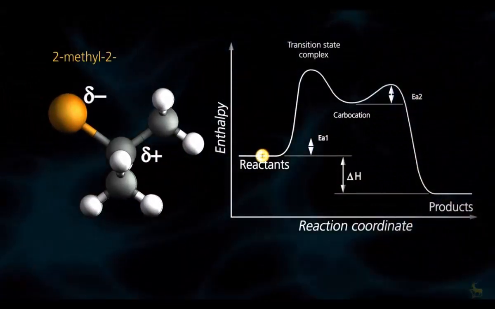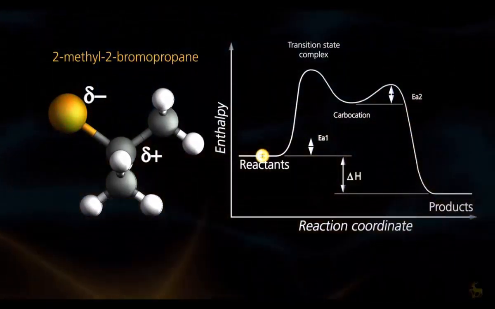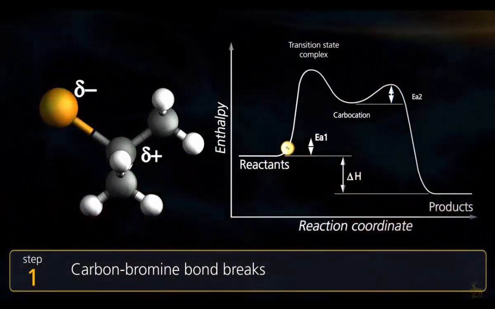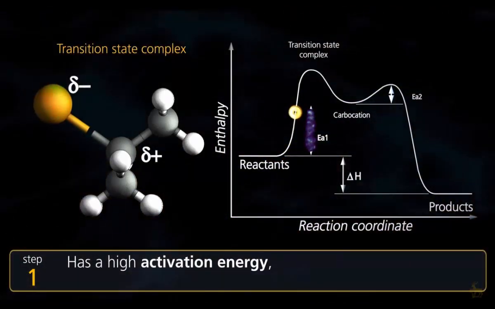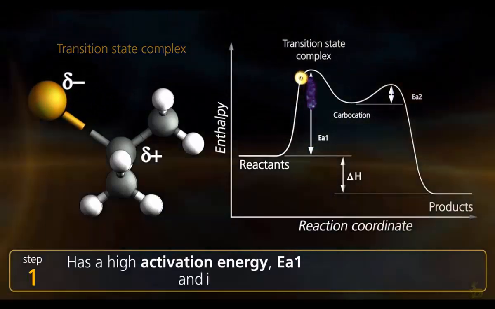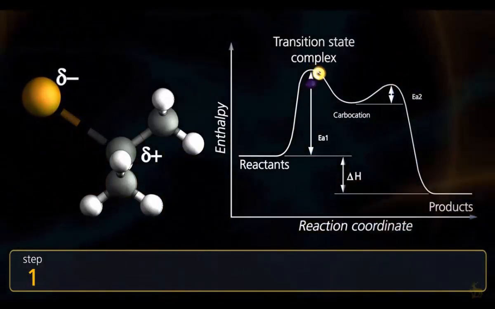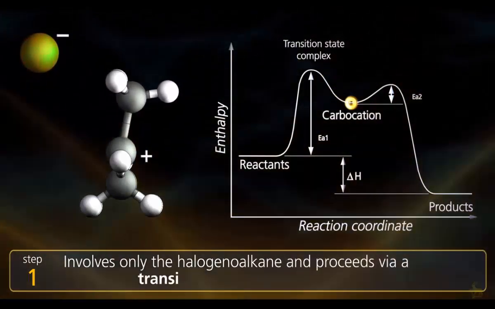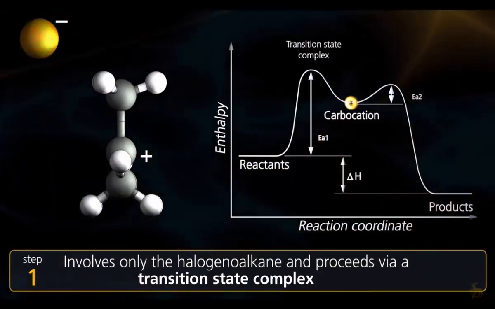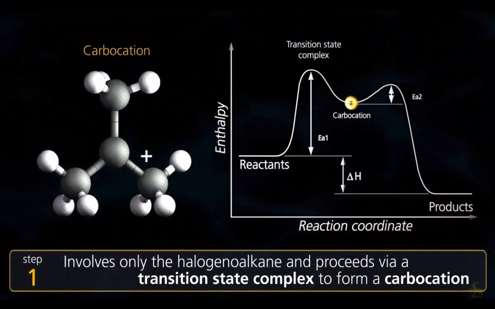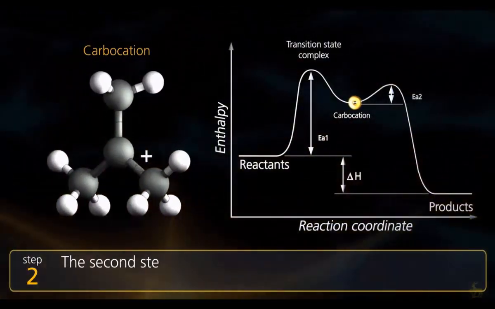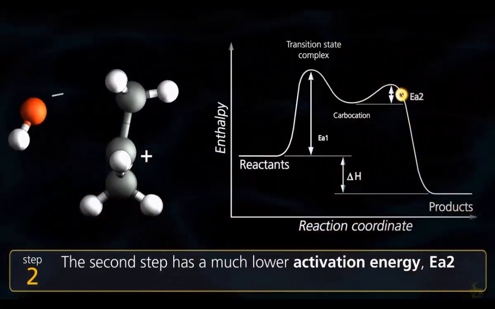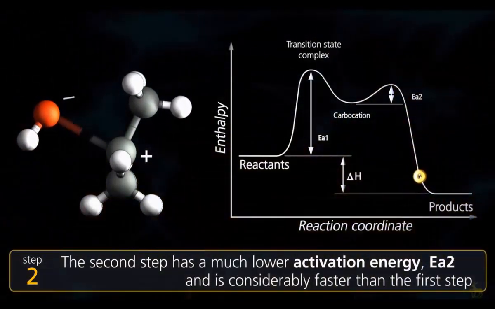It has a two-step enthalpy profile. The first step, the heterolytic fission of the carbon-bromine bond, has a high activation energy, EA1, and therefore determines the rate of the reaction. The first step involves only the halogenoalkane and proceeds via a transition state complex to form a carbocation. The second step has a much lower activation energy, EA2, and hence is considerably faster than the first step.